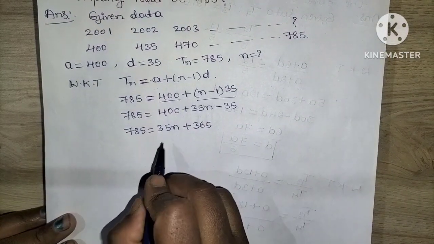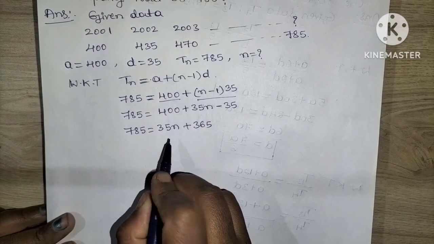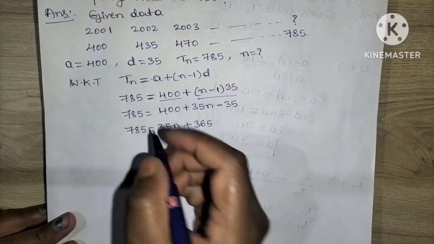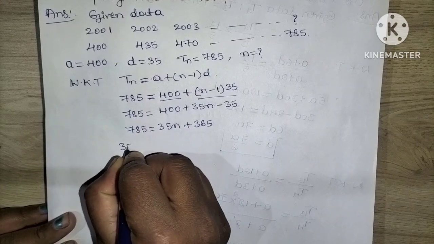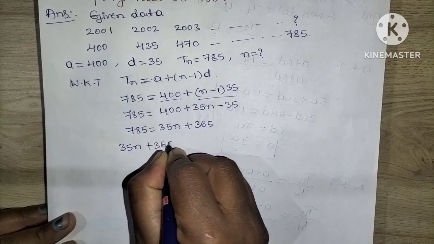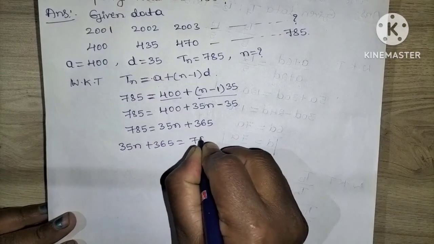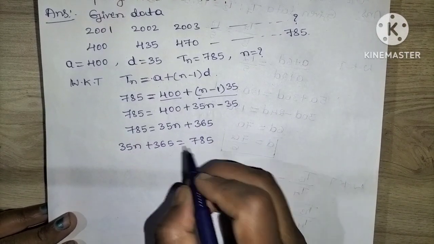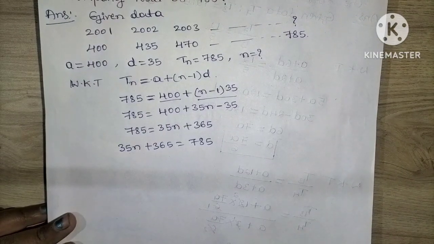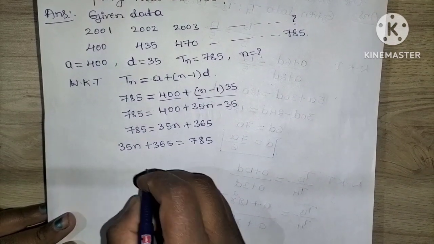Here we have to find the value of n. The n term is on the RHS, so I am taking the complete RHS to the LHS and the complete LHS to the RHS.